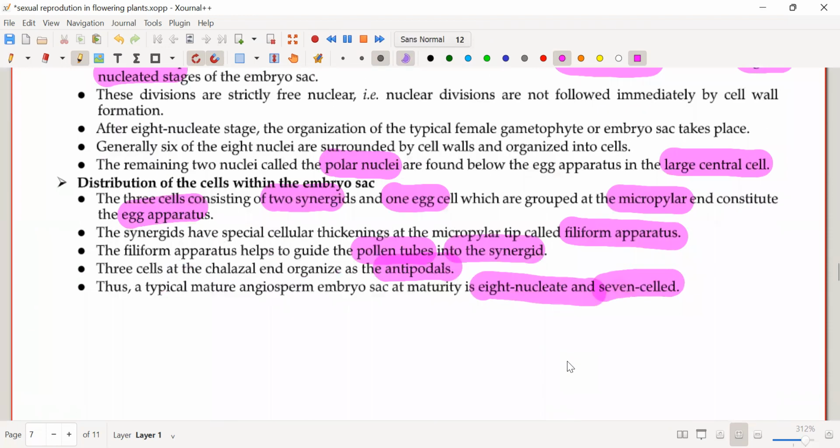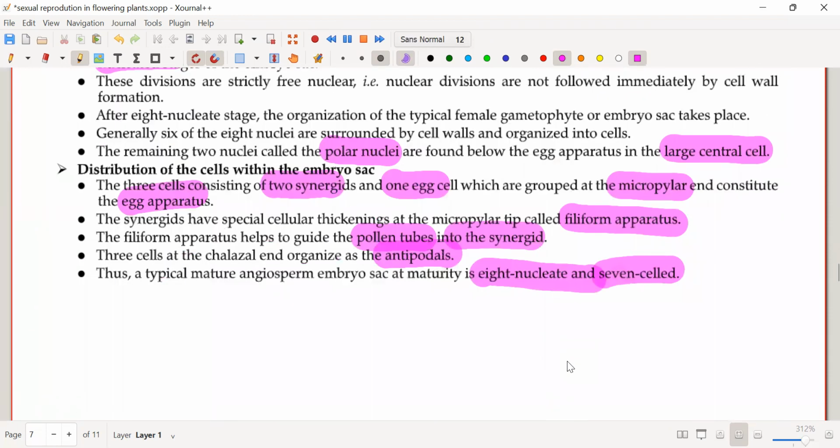All right, the final stage. After this, we'll be moving into the next topic, the second topic. We told there are 3 topics, isn't it?